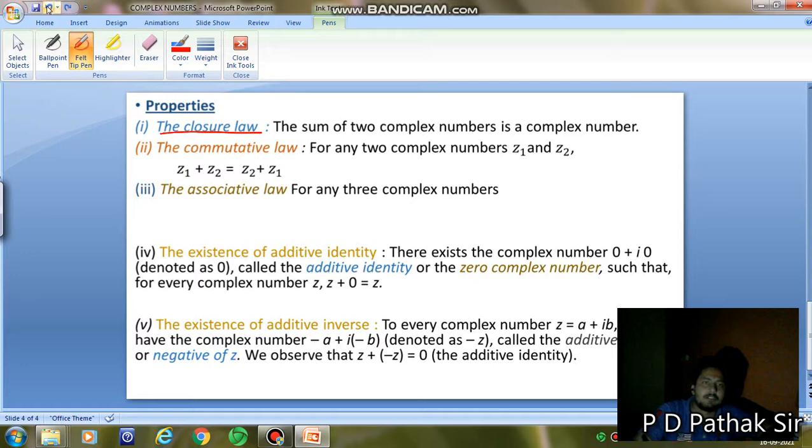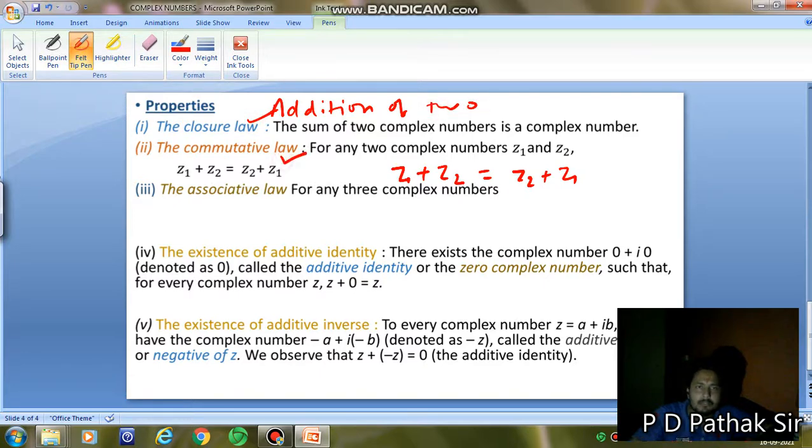Second, what is the commutative law? Commutative means if you add z1 to z2, or you add z2 to z1, then your answer will be the same, and it is called the commutative law. So the addition of complex numbers follows the closure law and the commutative law. It also follows the associative law.